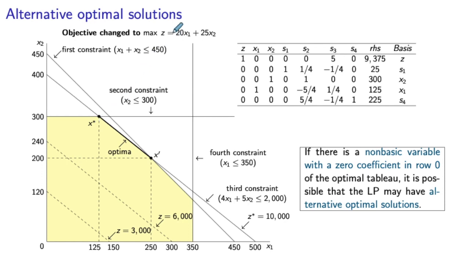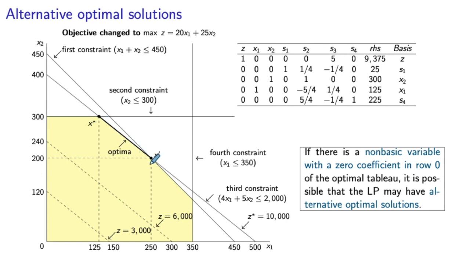In this case, we modified the objective of the original heavenly pouch problem by changing the coefficient for x1 from 15 to 20, and then we can see that the isoprofit line is parallel to the third constraint here, and therefore when we keep increasing the level of profit, we will hit two corners on the way out of the feasible region, and as a result, both x star and x prime are optimal solutions, and everything in between is also optimal.